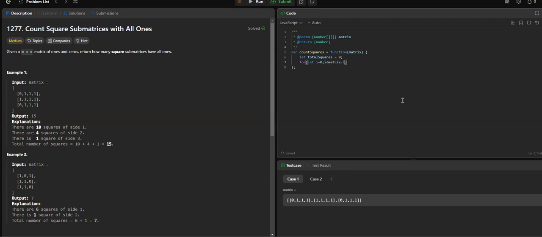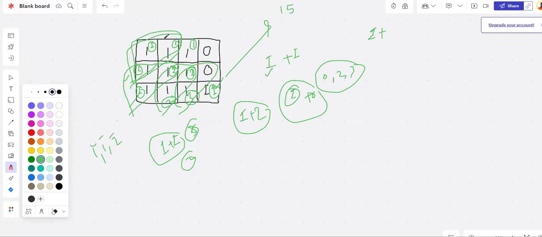For let i equals 0, i should be less than matrix.length, i plus plus. For let j equals 0, j should be less than matrix[i].length, j plus plus.